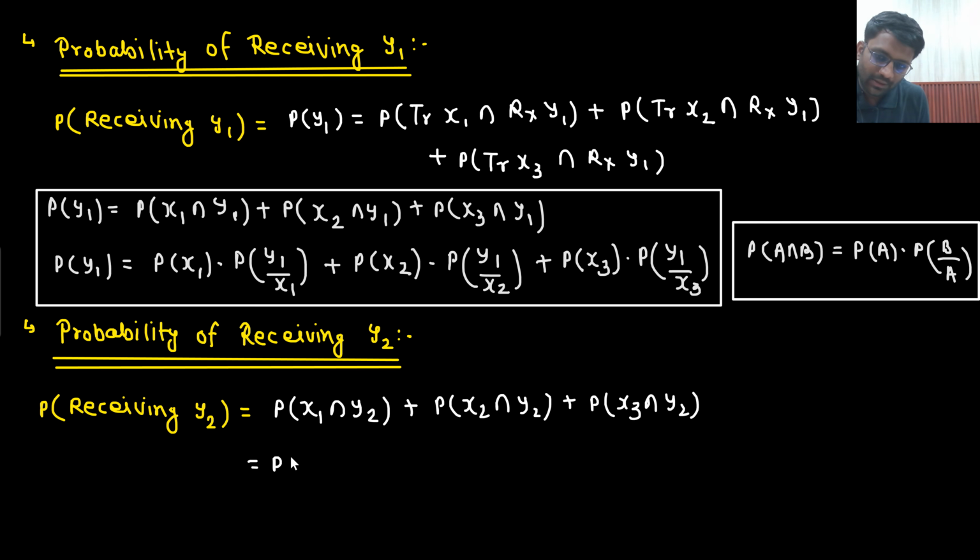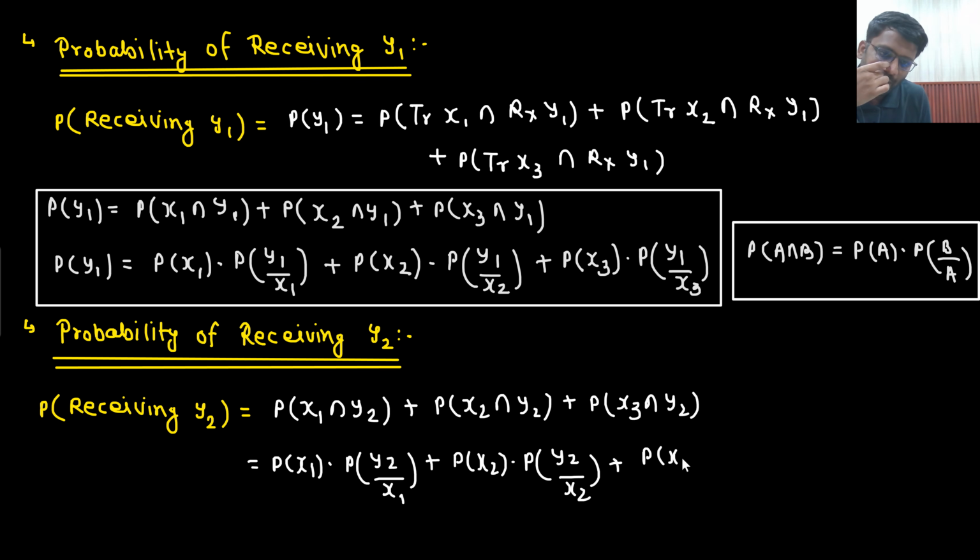Or it could be written as probability of sending x1 multiplied with probability of receiving y2 given that x1 was sent, or probability of sending x2 multiplied with probability of receiving y2 given that x2 was sent, or probability of sending x3 multiplied with probability of receiving y2 given that x3 was sent. This is your probability of receiving y2.